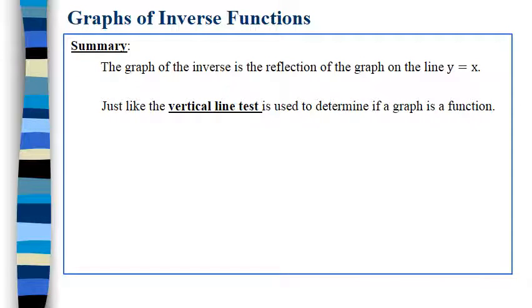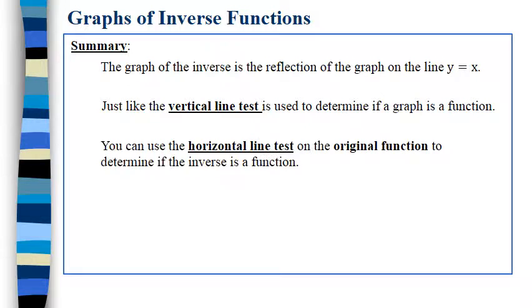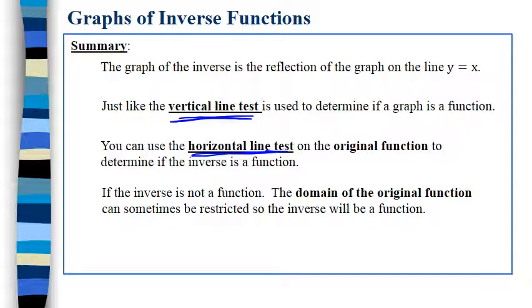Well, if a function is one-to-one, then if we switched it, wouldn't its inverse also be a function? And in fact, that's the case. So if a function is a one-to-one function, then its inverse will also be a function. That is, if an original function passes both the vertical and the horizontal line tests, then we know that its inverse is going to be a function.